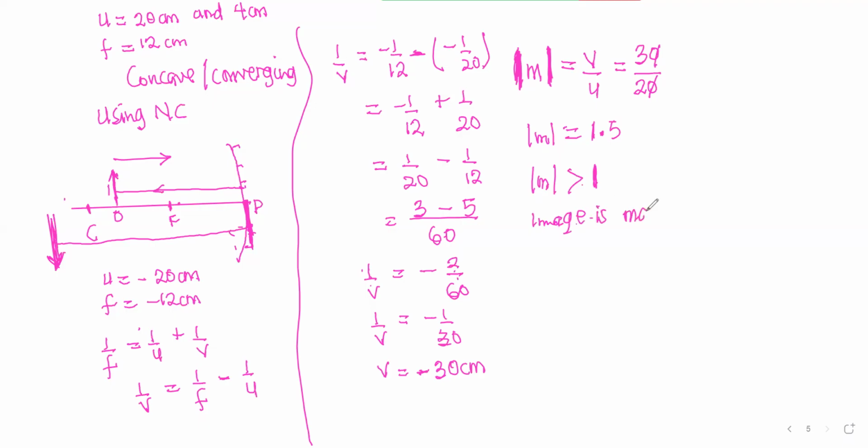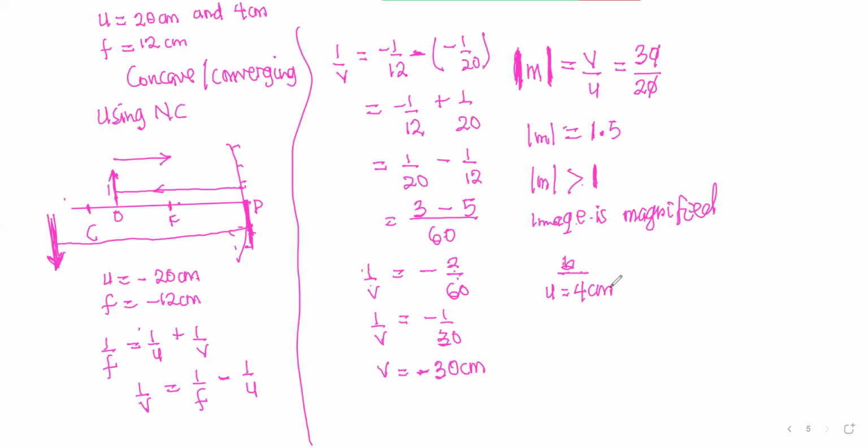So whether RP or NC, you must get the same thing. Any question? Then the B question, when U is 4.